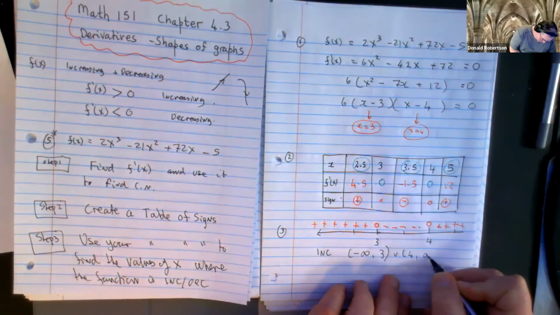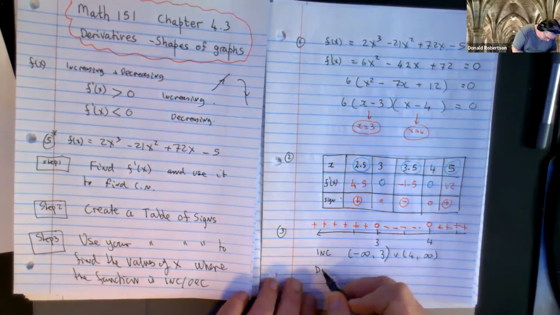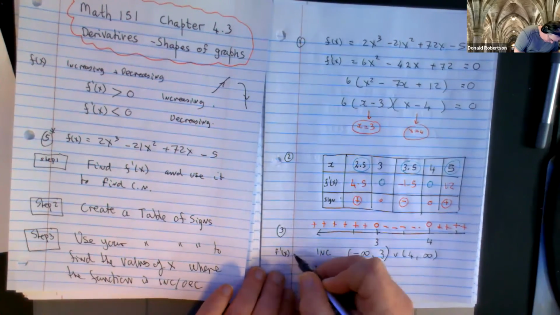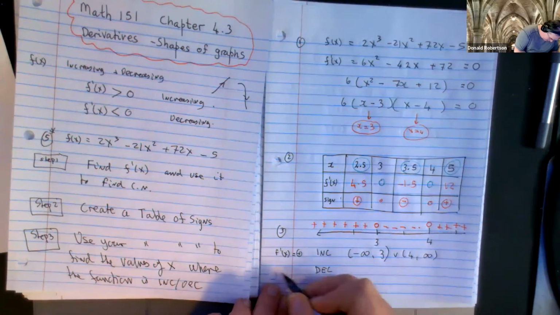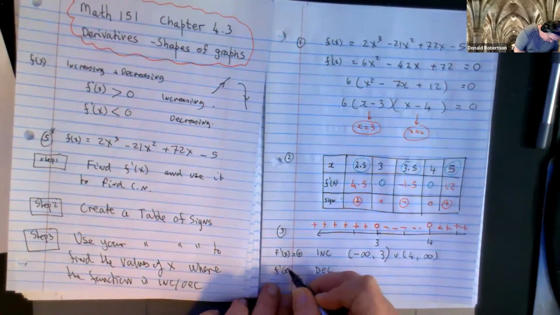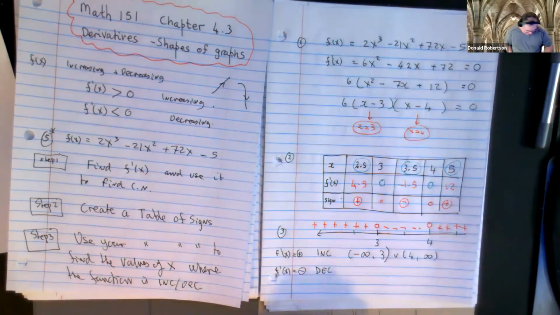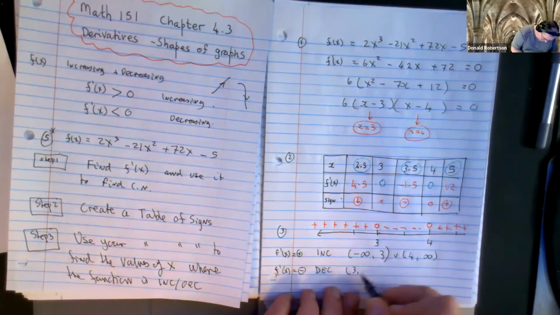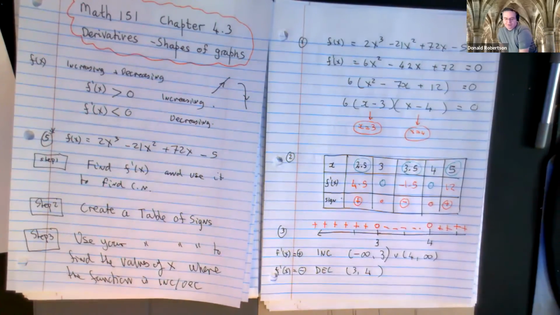And there you go. And won't this function be decreasing? So this is true because the derivative is positive. And isn't it decreasing when the derivative is negative? And in this case, isn't it decreasing from 3 to 4? And we're finished.